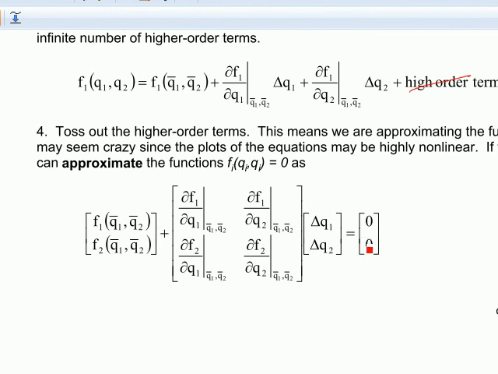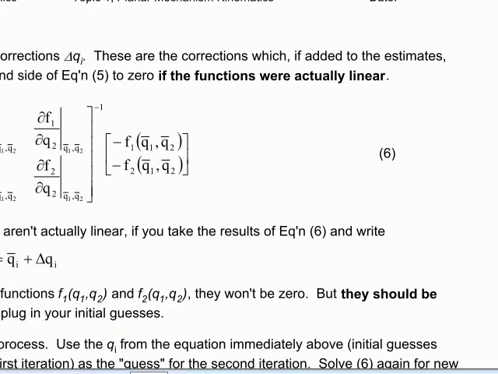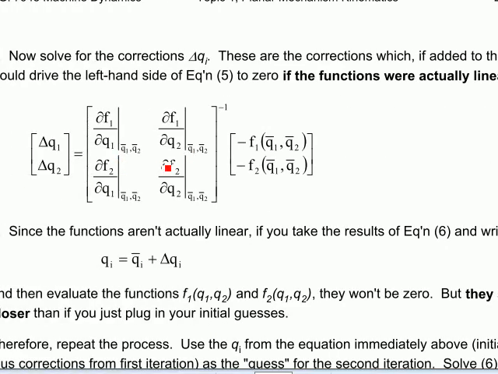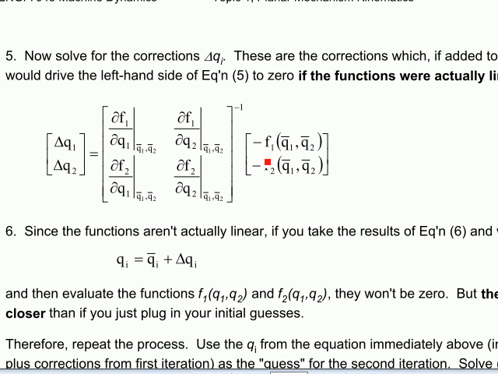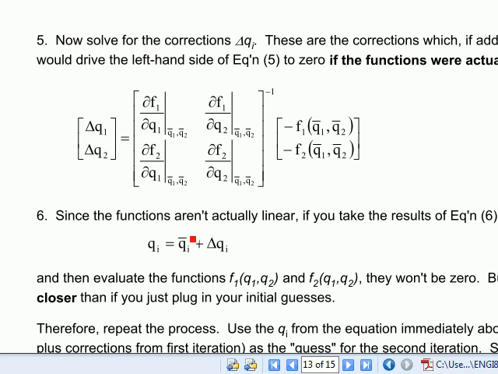You drive that to 0 by solving for the correct corrections, delta Q1 and delta Q2, which is the inverse of the Jacobian matrix multiplied by the residuals brought over to the other side of the equation. And then once you find those deltas, your new value of the unknowns is the initial guess plus the corrections. Then you repeat.